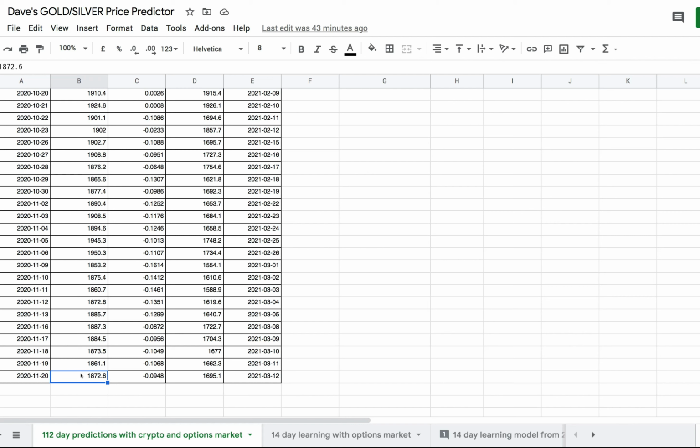So if we assume that we're in a rising interest rate environment, and a sort of bullish stock environment, and we have very cheap pricing on options for bear markets, then we can assume that the price of gold is going to go down. That's a very reasonable expectation.